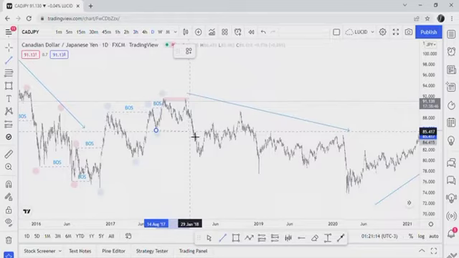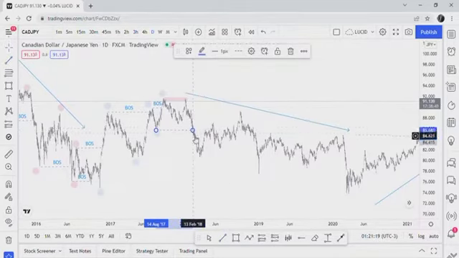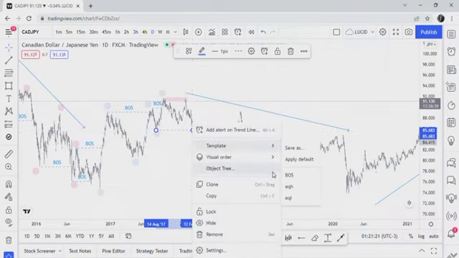So same thing here, break of structure, right?